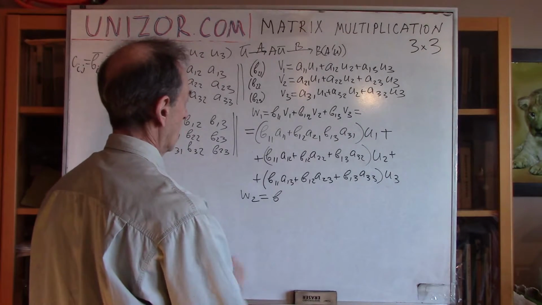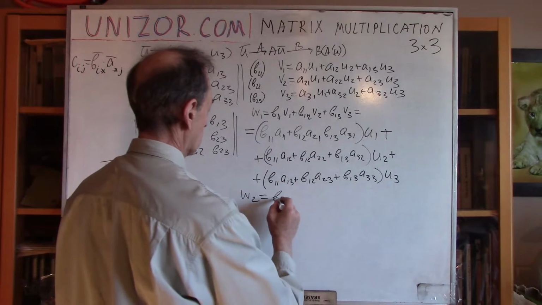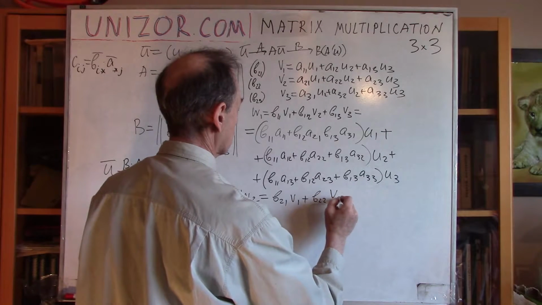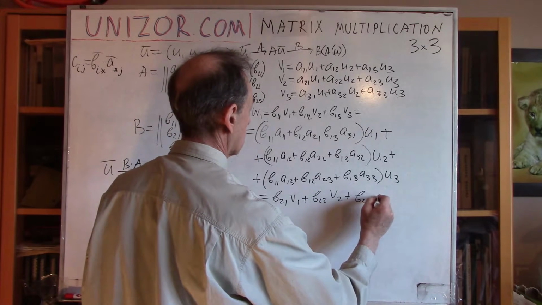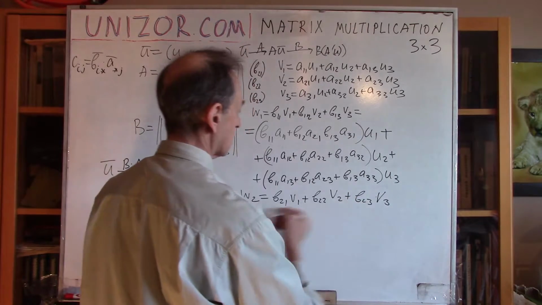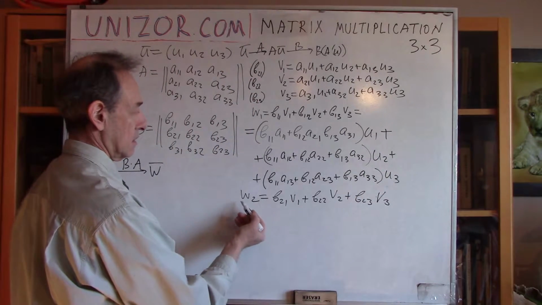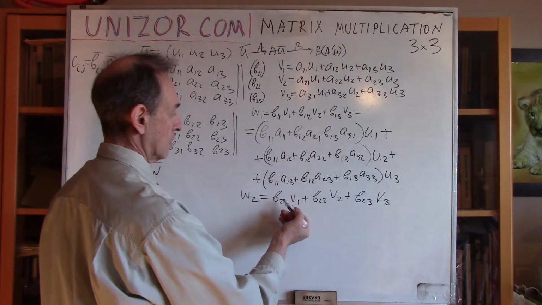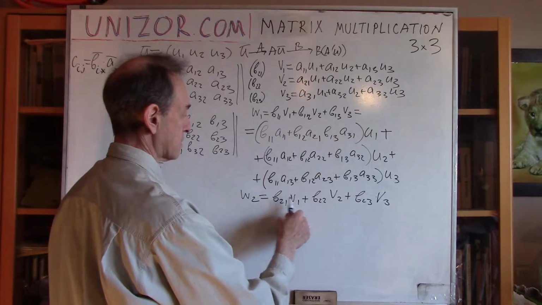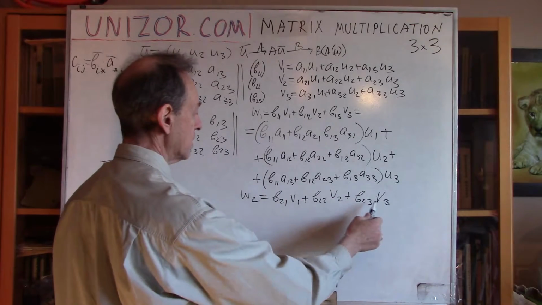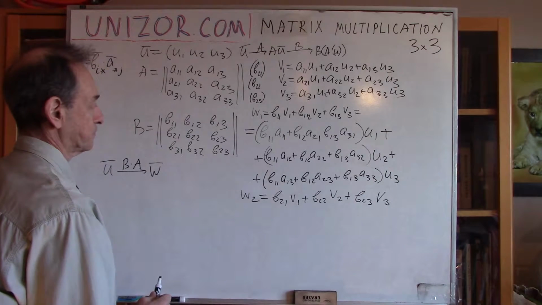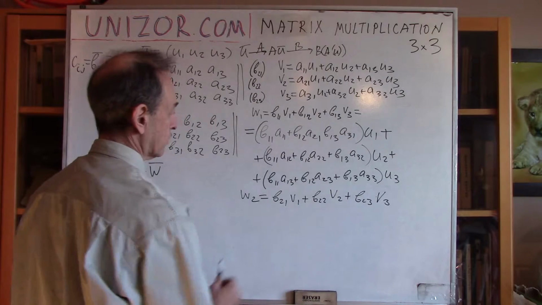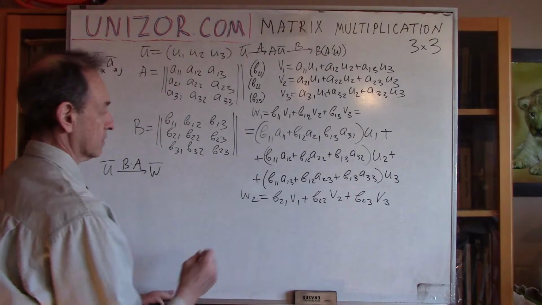So it's B21 V1 plus B22 V2 plus B23 V3. That's the definition of my second component of the vector, which will be the transformation of vector V using the matrix B. All right. The third component would be 31, 32, and 33, right? Okay, so the second component.